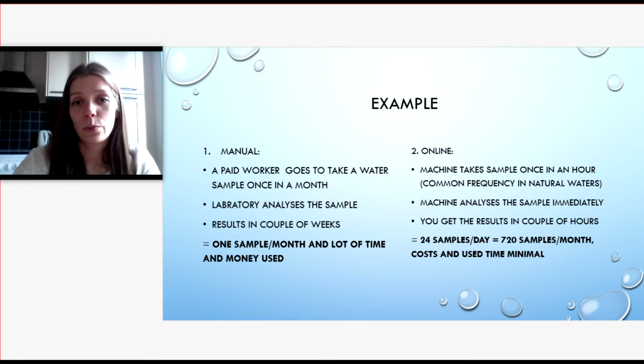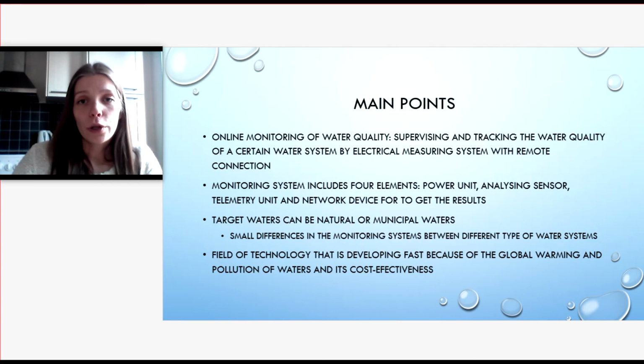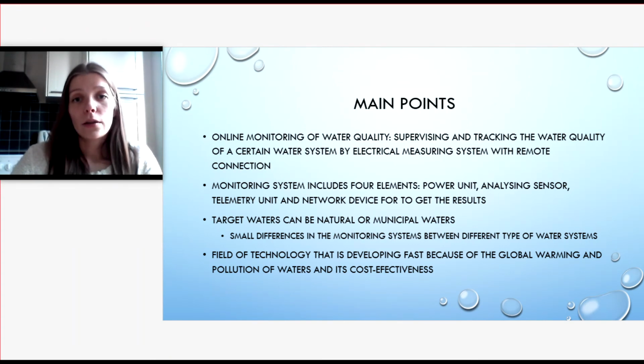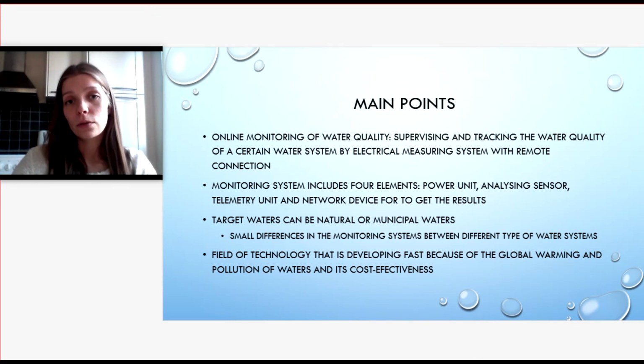Before finishing this presentation, I will sum up the main points for you. Online monitoring of water quality means supervising and tracking the water quality of a certain water system by an electrical measuring system with remote connection. The monitoring system includes 4 elements, which are power unit, analyzing sensor, telemetry unit, and network device to get the results.